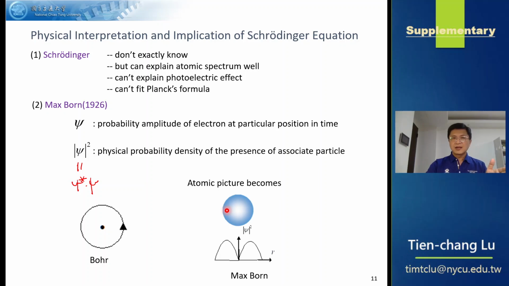But Max Born tried to interpret the wave functions as the probability density. Once it is a probability density, the electron is not a fixed point. Instead, it becomes like a probability cloud around the atom, outside the nucleus.